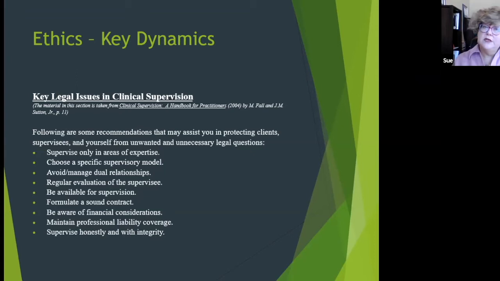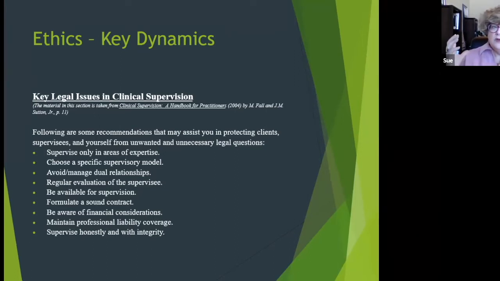Or you may be at an agency where you're somebody's boss, giving them feedback about how they're doing in their job and needing them to follow policies and procedures for the place of business, and then you're also their clinical supervisor. Those are two very different hats to wear.